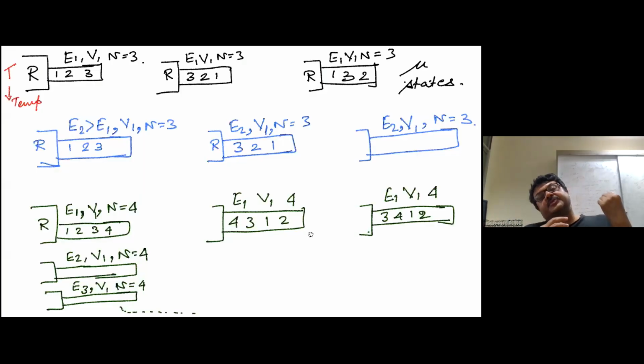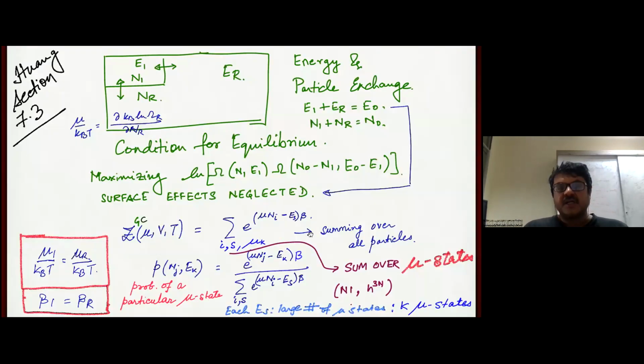But practically, this room is not only exchanging energy with the reservoir, there can be exchange of particles as well. Particles from the outside, a few can come in, and at a later point in time, a few can go out.